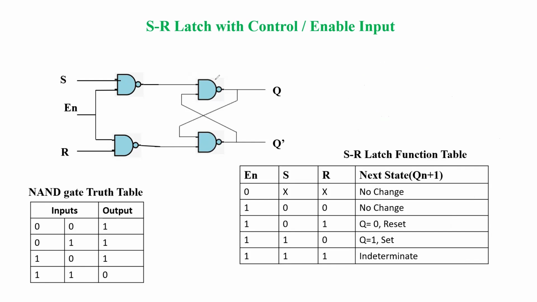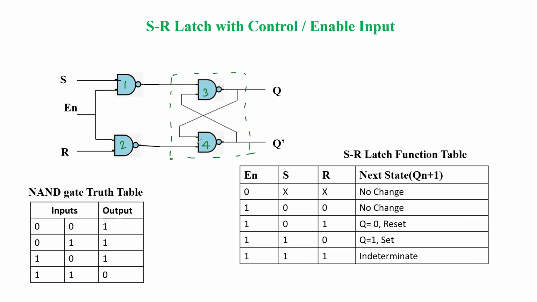Now if you see what the earlier basic latch was, apart from that basic latch, two more NAND gates are connected here. For the understanding purpose, we can mark them 1, 2, 3, 4 to understand the operation of this SR latch when we have enable or control inputs.